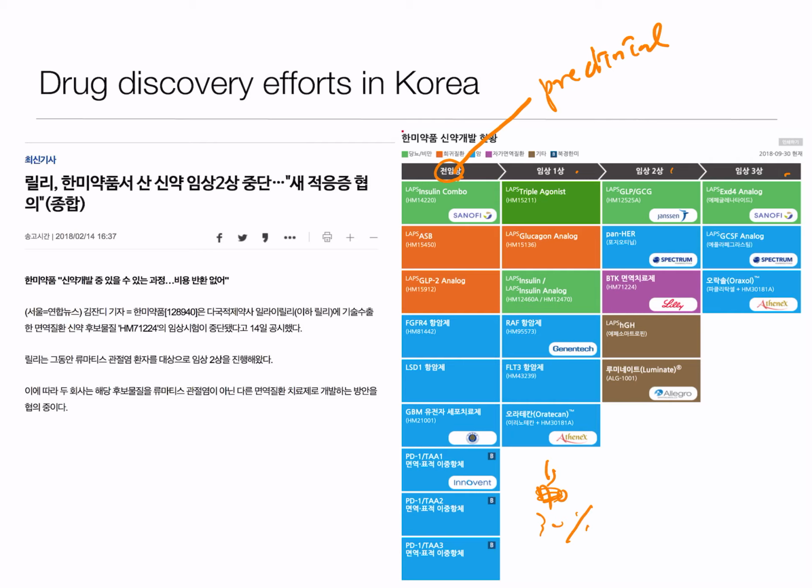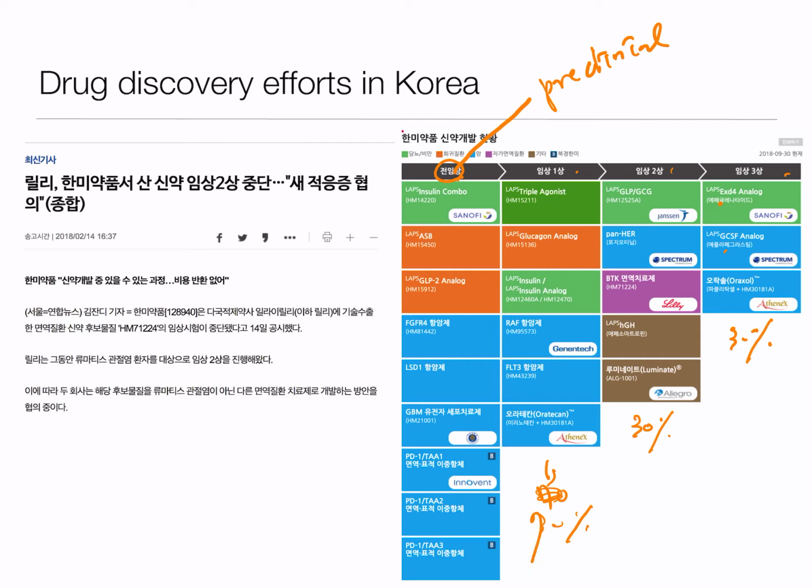But as I mentioned, during phase 1, about 30% of these may fail. And from here, there are 1, 2, 3, 4, 5 drug candidates, but only 30% of them will succeed. And here, they have 1, 2, 3, and also here, only 30% of them will succeed, okay?